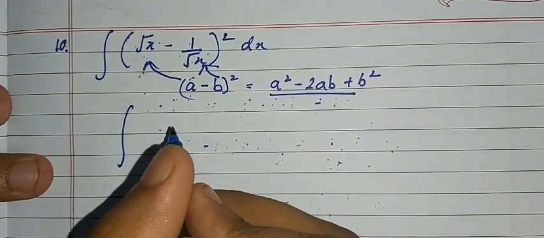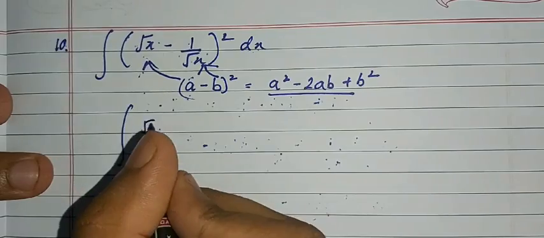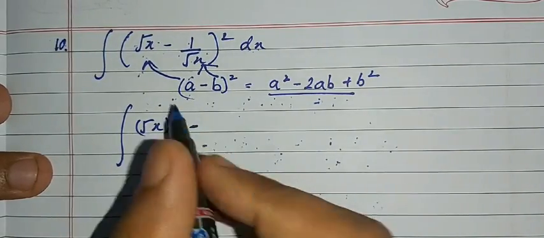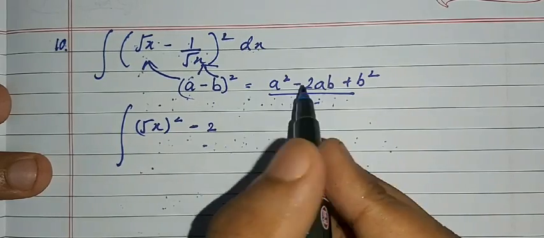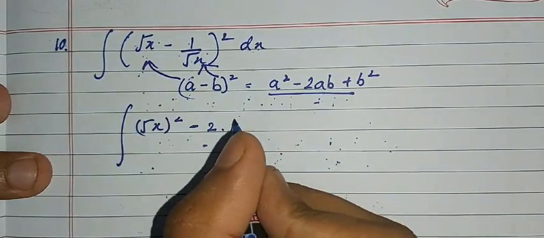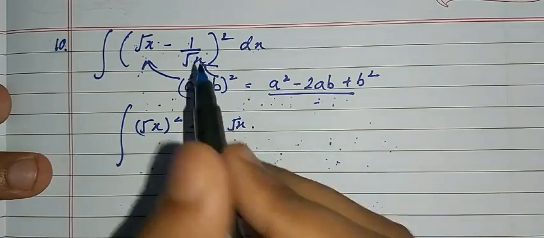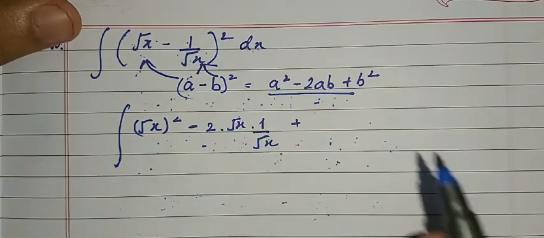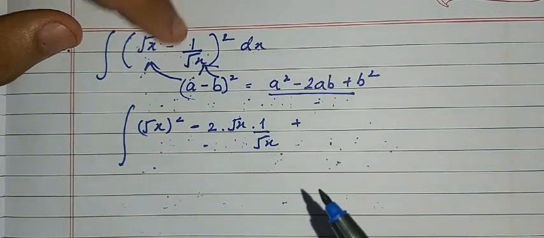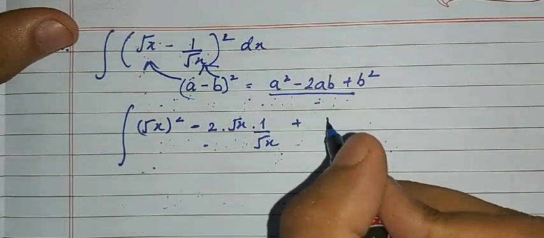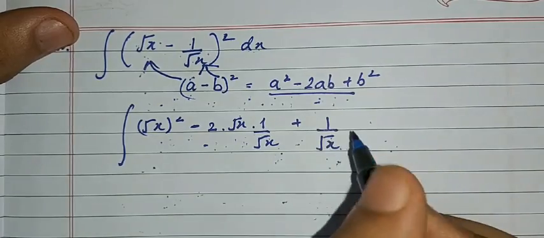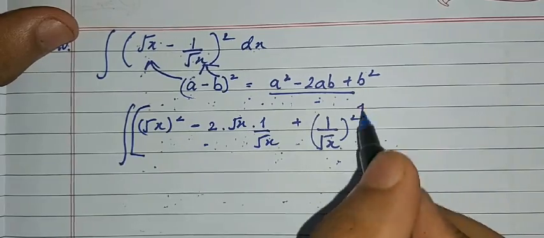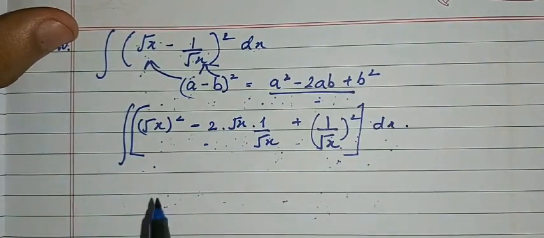You will write it as (root x) the whole square minus 2ab. A is root x into b is 1 by root x, plus b square. What is b here? It is 1 by root x, so (1 by root x) the whole square, put a big bracket, then dx.